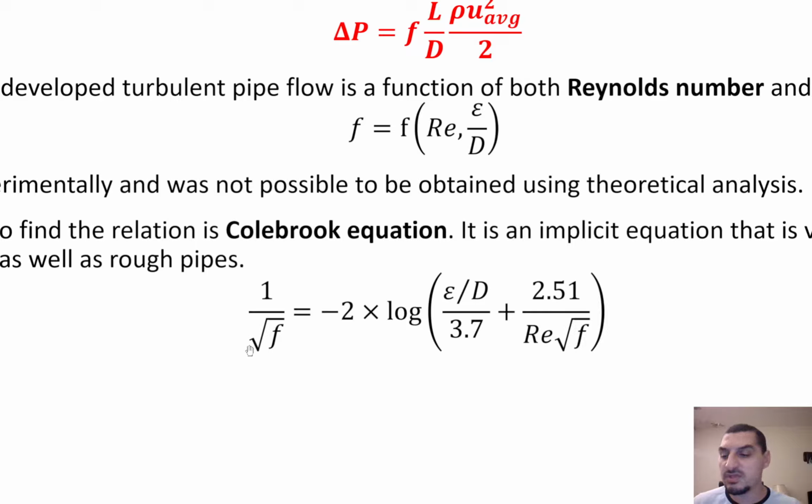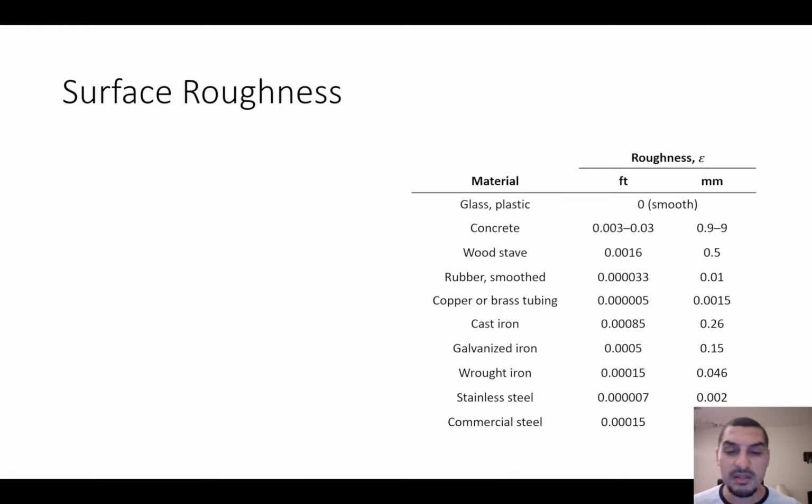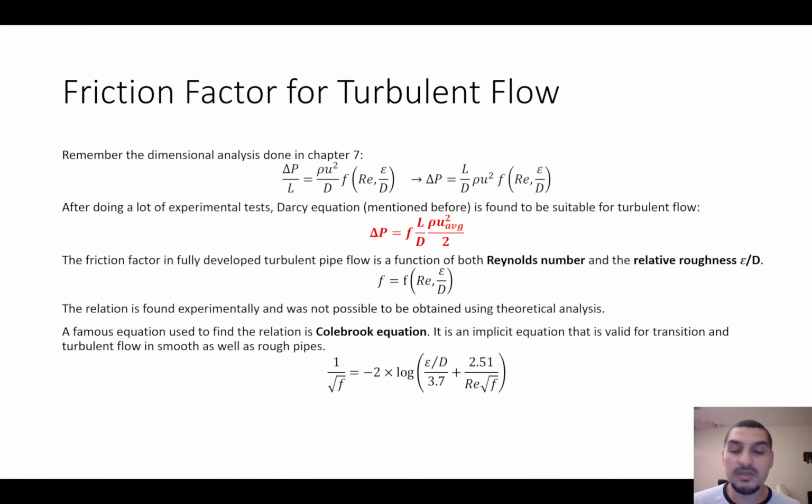This kind of equation is called an implicit equation, where the variable cannot be calculated directly from the rest of the parameters, and it appears on both sides of the equation. Implicit equations are not solvable using direct calculations. They have to be solved by trial and error, and this is something we'll discuss later, inshallah.